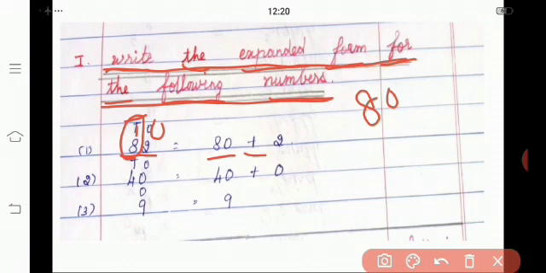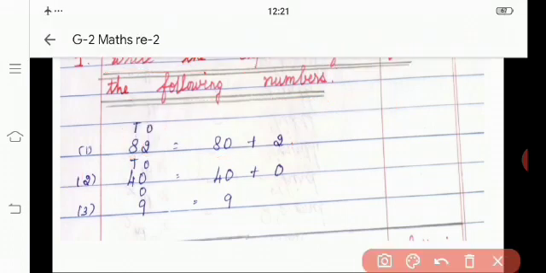Then the number 2 is at which place? Yes, at ones place. So we can write 2 ones or 2. So what is the expanded form of 82? 80 plus 2. Do you understand children? Shall we move on to the next example?